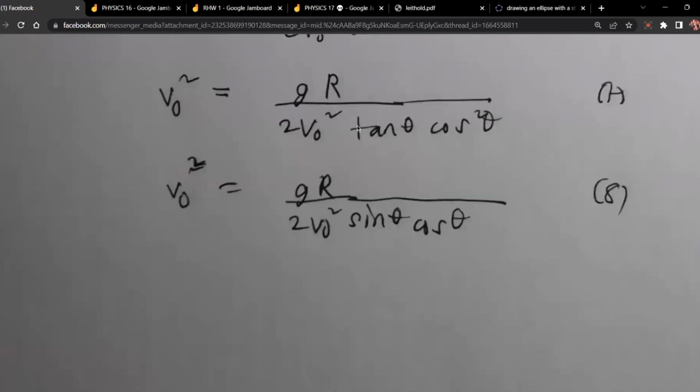So, yung V naught square, ang nakuha ko, 2 sine is going to be GR over sine of 2 theta. Kasi yung V naught square matatanggal sa denominator kasi error yan. Tapos, ang final mo ko, V naught square is GR over sine of 2 theta.